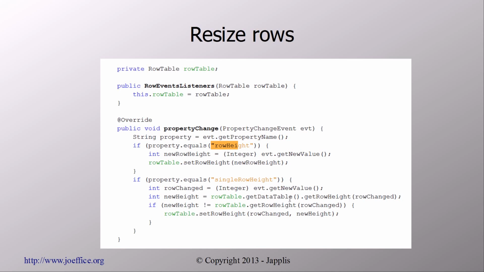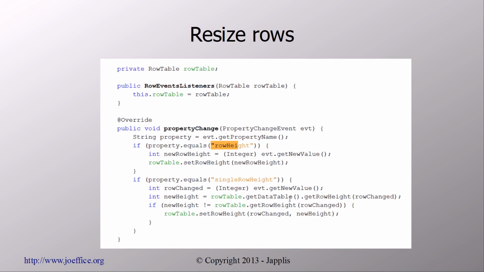Here you also see that when it's resized, we also need to resize the row header. For example, if you're loading a file that has a different height than the standard height, then the table will be resizing the row. Then it will fire an event, and you need to also resize the row header to match the data table row size.